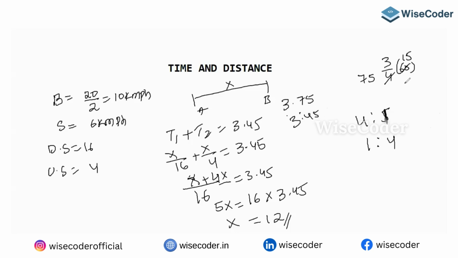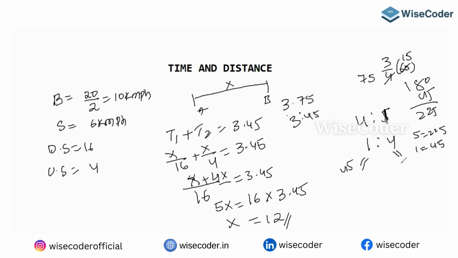So 3 hours is 180, plus 45, total is 225 minutes. So 5 parts is equal to 225. Then 1 part is equal to 45. 5 fours are 20, 5 fives are 25. So here he is taking 45 minutes.